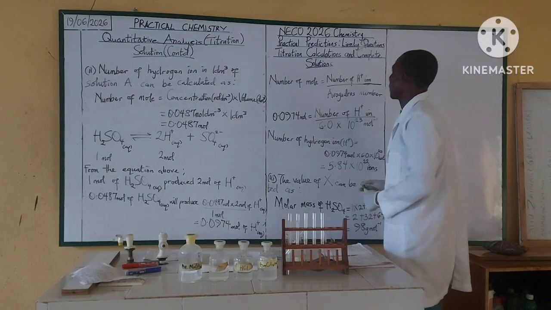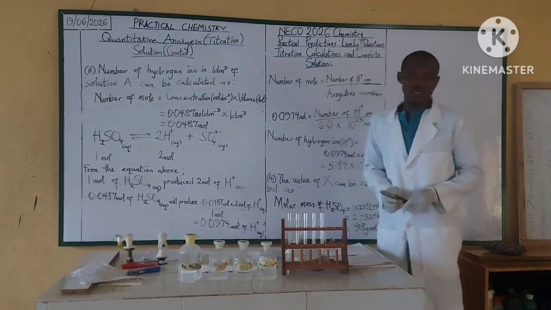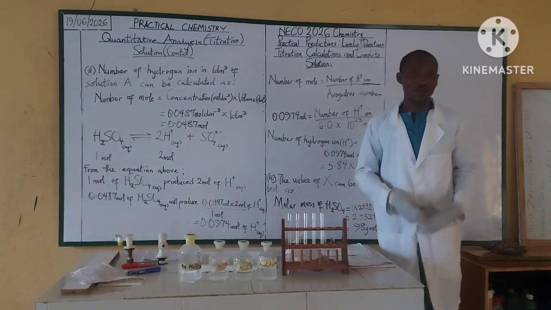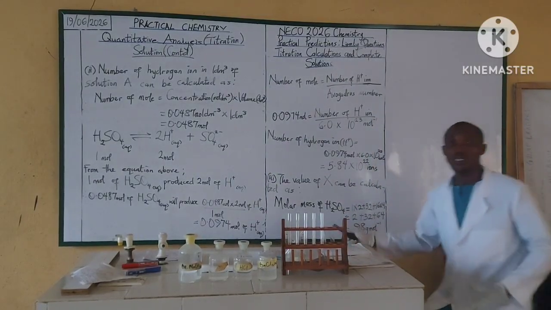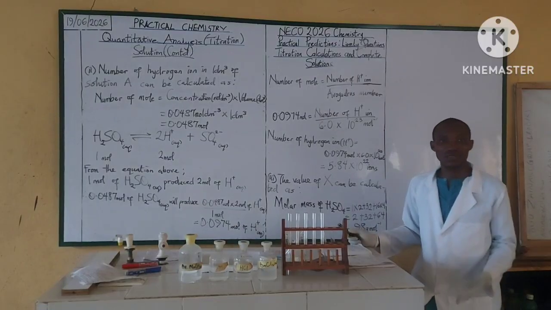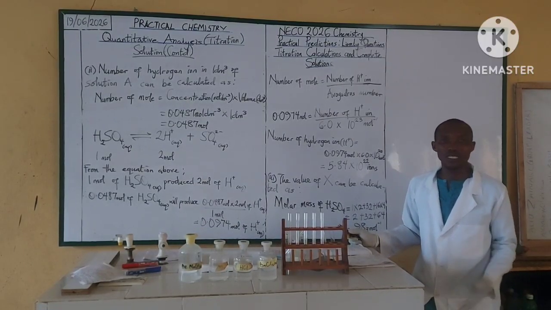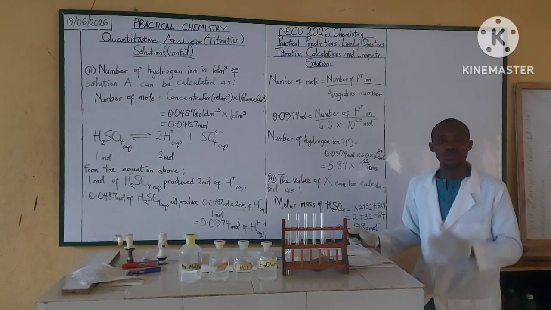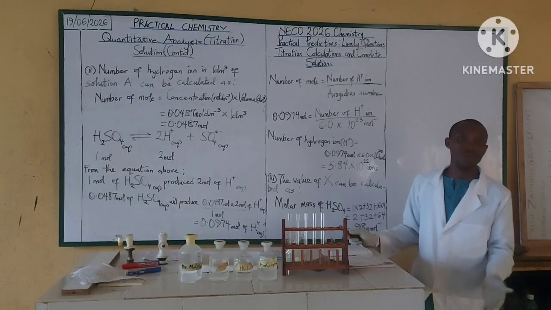Then we can now come over and say, if we want to calculate the concentration of either acid or base in mole per dm cube, it can be calculated as concentration of solution, either A or B, in mole per dm cube equals concentration of A or B in gram per dm cube over molar mass.